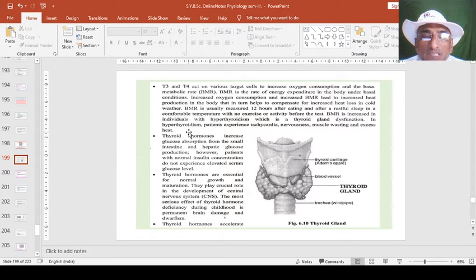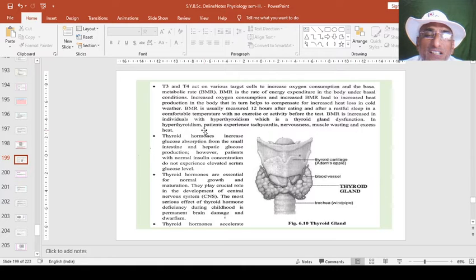In hyperthyroidism, patients experience tachycardia, nervousness, muscle wasting, and excess heat. Generally, the patient shows tachycardia, nervousness, muscle wasting, and excess heat is generated in the body.